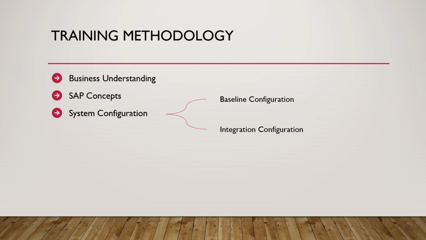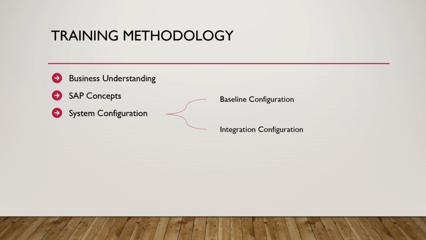In another example, if we go for material master, multiple views are available, so consultants from different modules are involved in maintaining it and the relevant configuration. So first we will go for baseline configuration specific to one module, and then we will go for final configuration, meaning integrated configuration where multiple module consultants are involved.